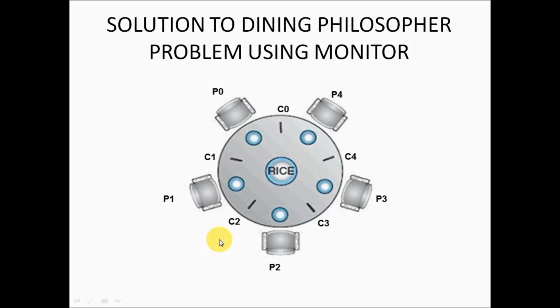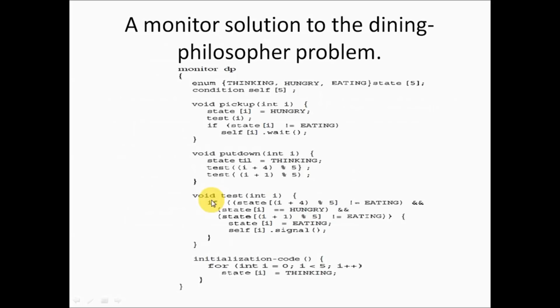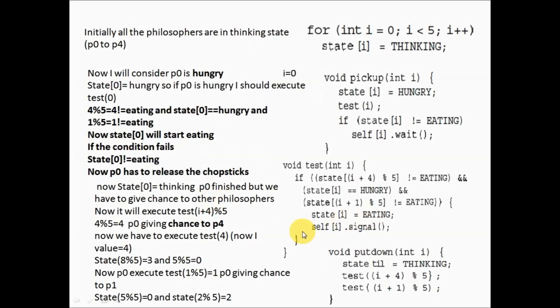If both the chopsticks are free, then P1 will also eat. After eating, obviously state of I is equal to thinking. Here I was discussing P4. P4 will move to thinking state from eating state. Suppose state of 4 is not eating, then obviously it has to wait.